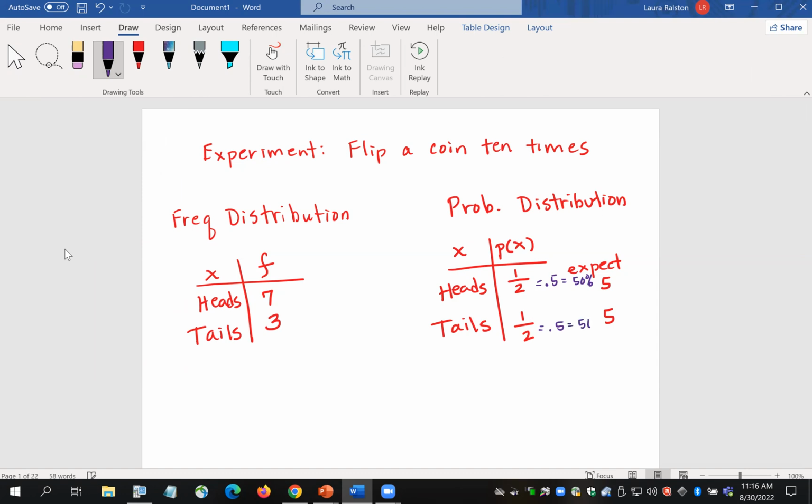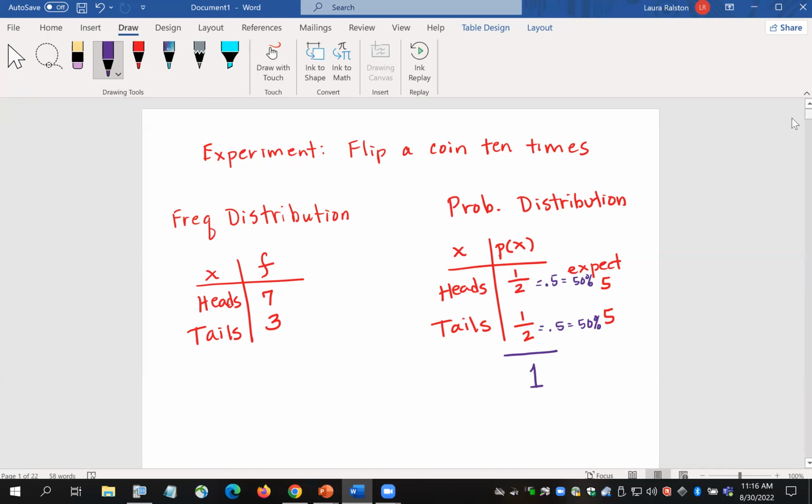Okay, so those two values are in between 0 and 1. If we add those two things together, when we flip a coin, the only two things that can happen are heads or tails. If we add those probabilities together, 1/2 plus 1/2 is a whole. So they have to total to 1, and they have to be between 0 and 1.